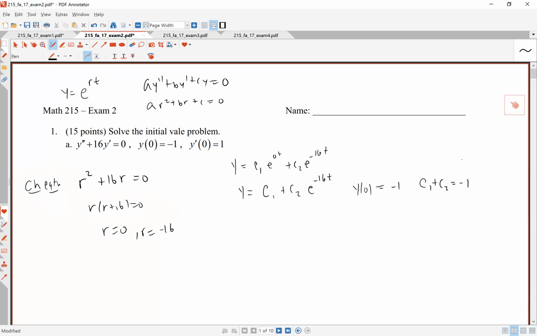Then that says that c1 is negative 1 minus c2, or negative 1 plus 1/16, which is negative 15/16. All right, so then y of t is negative 15/16 minus 1/16 e to the negative 16t.